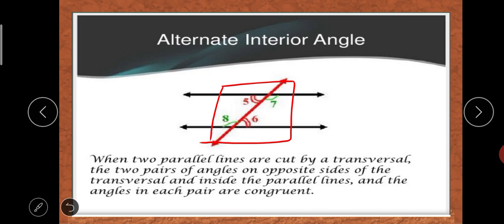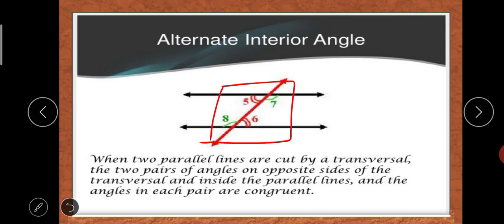Now we are studying the alternate interior angles. Here angle 5 is opposite to angle 6, so they are called alternate interior angles. In the same way, angle 7 is opposite to angle 8. So they are also called alternate interior angles.